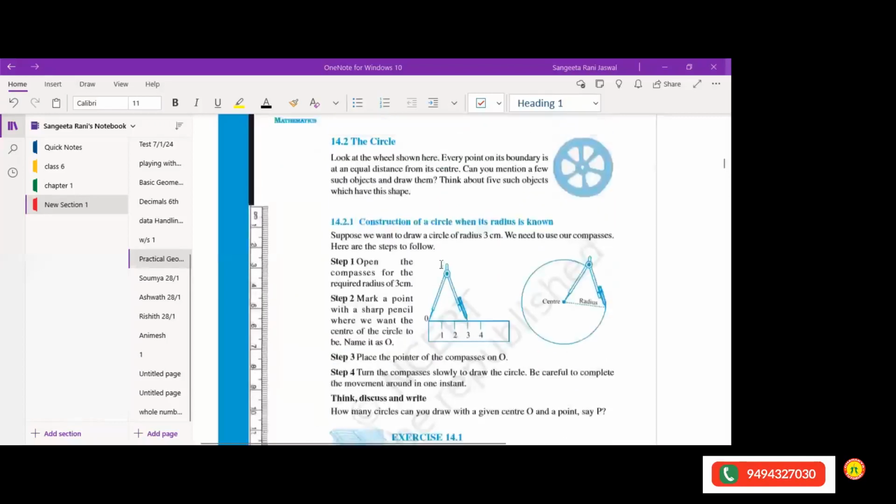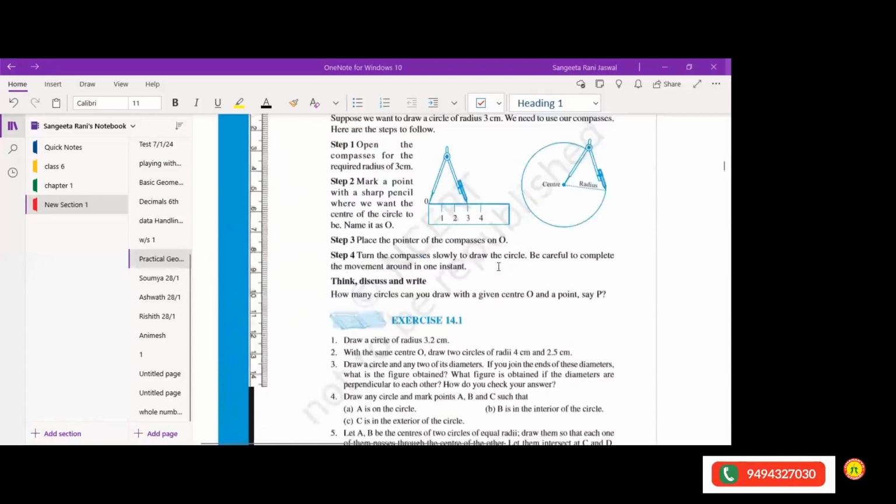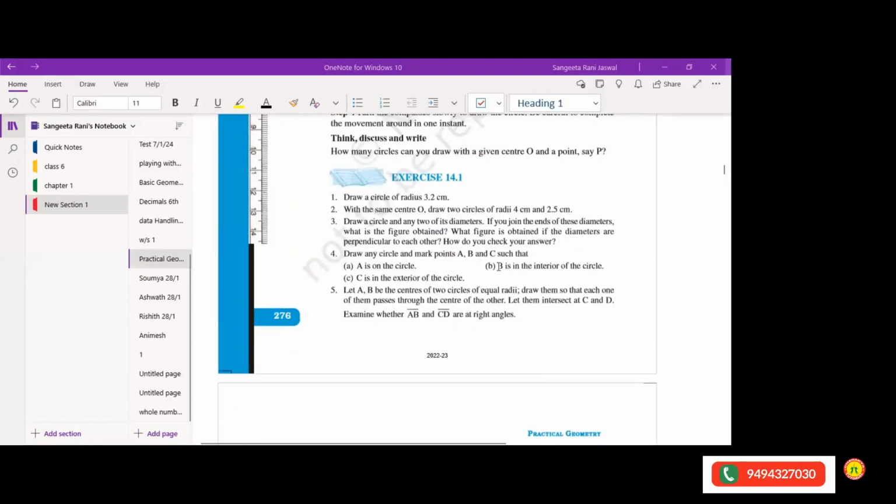But I don't have these geometrical tools to show you how to make an actual construction. I'll be making a rough construction so that you can do it. Please sit with your geometry box and your notebook. Ma'am, I left it in school.